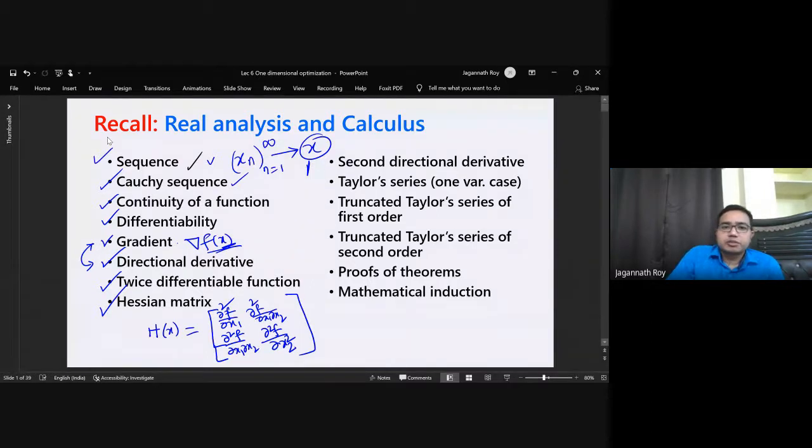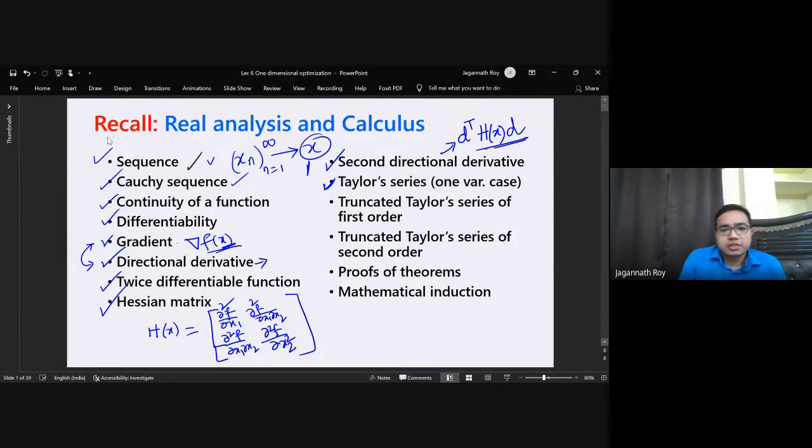And then we have seen also the second directional derivative, which, given a direction d, is d transpose times the Hessian matrix times d.